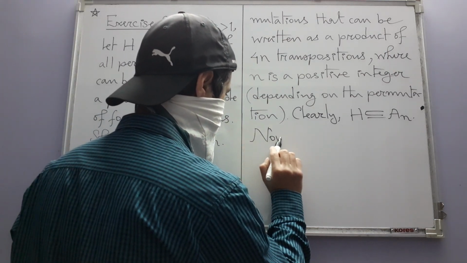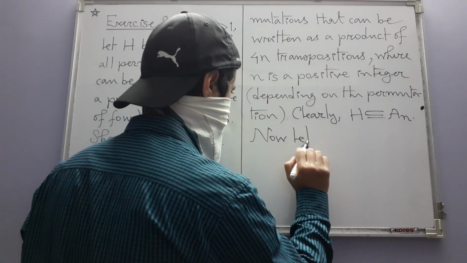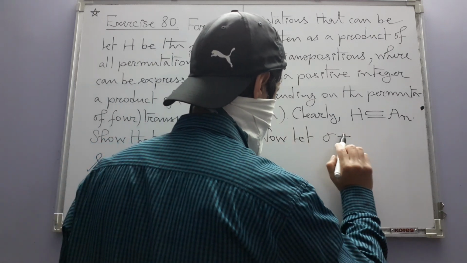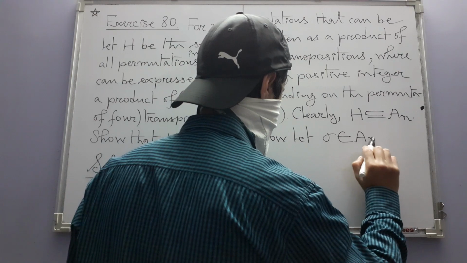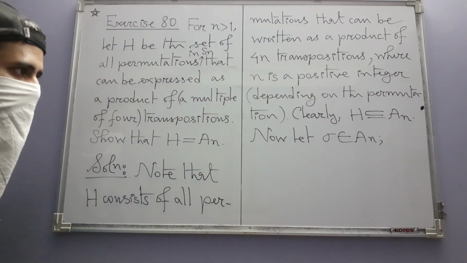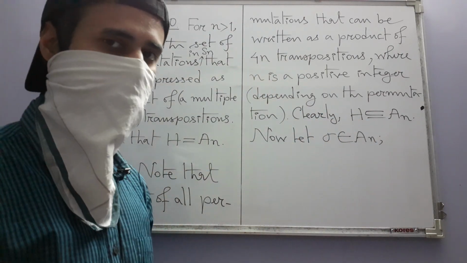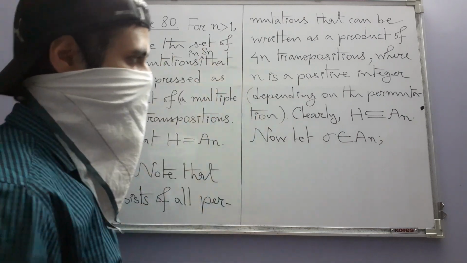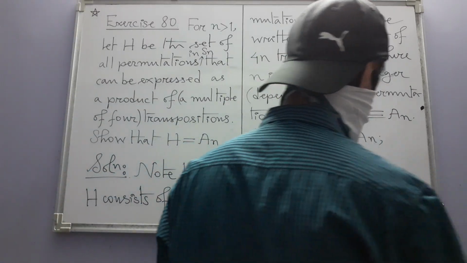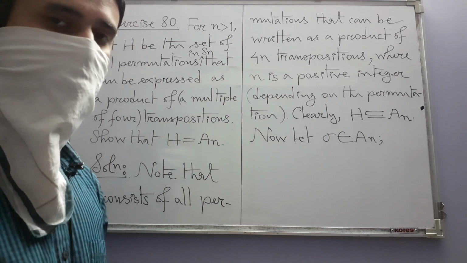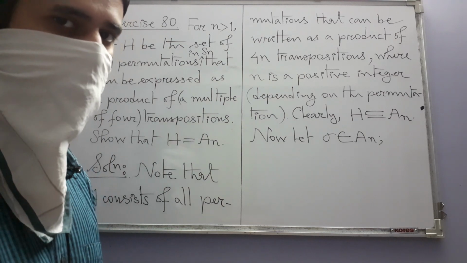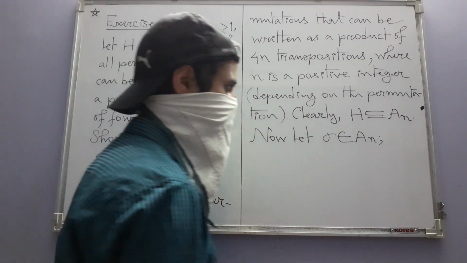Now let sigma be any element in An. That means sigma is an even permutation in Sn. So sigma is expressible as a product of an even number of transpositions by the definition of an even permutation.